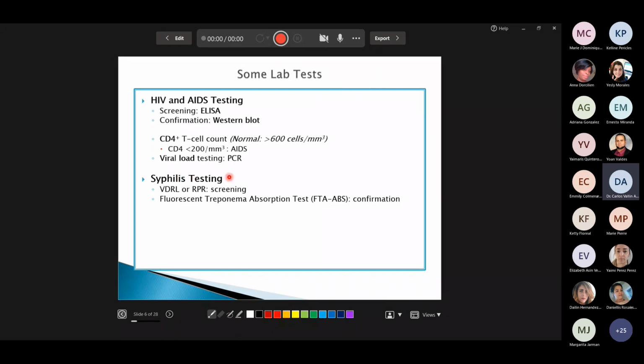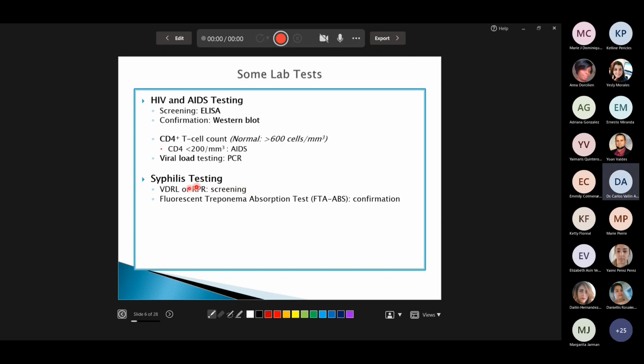Syphilis testing is frequently in the test. You need to know that the syphilis test has a screening test that is very sensitive and known to everybody, called VDRL or RPR, either one. This is done for pregnant women and for people that have other sexually transmitted diseases, as a routine in many clinics.